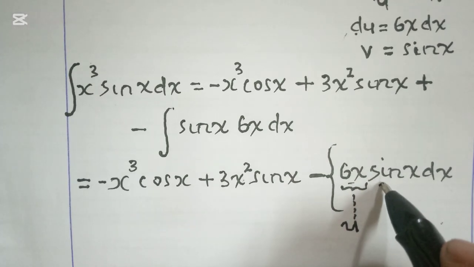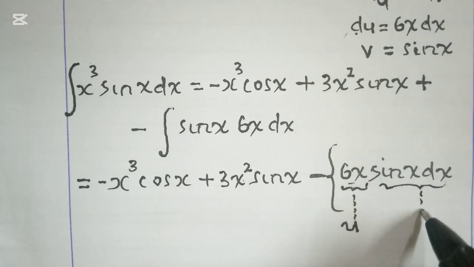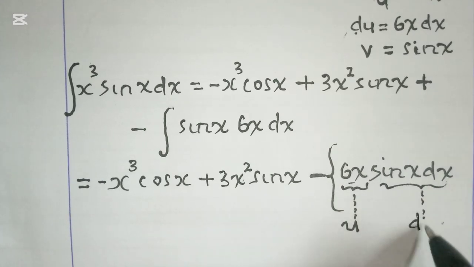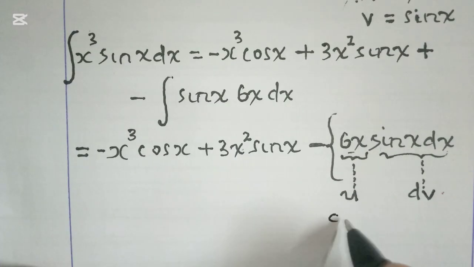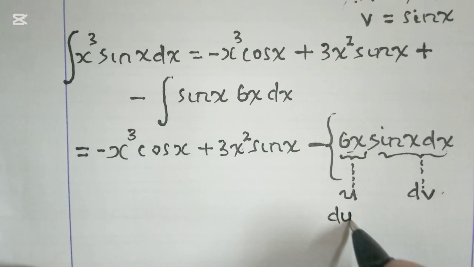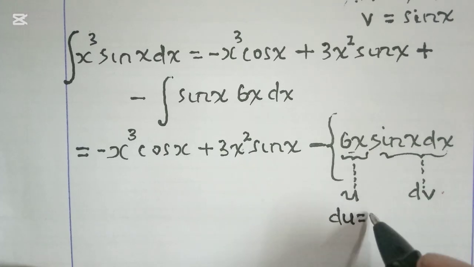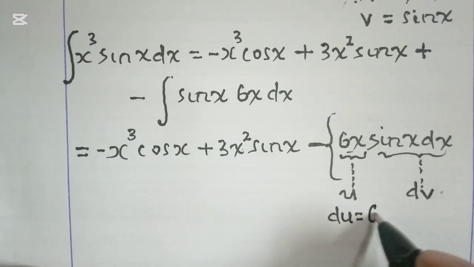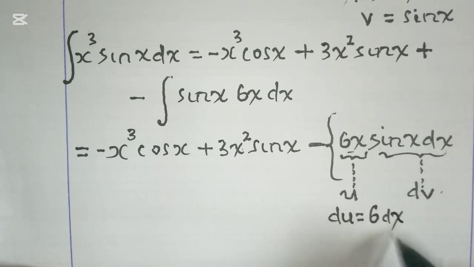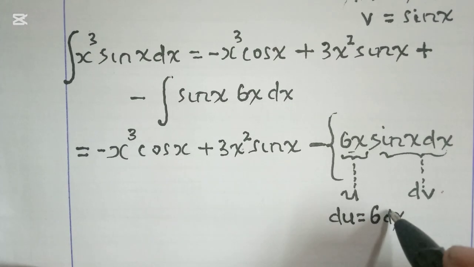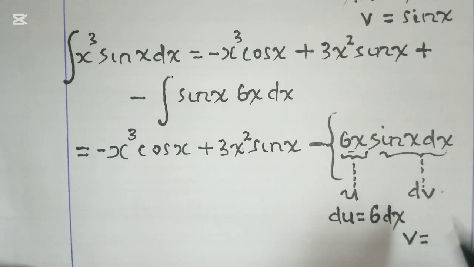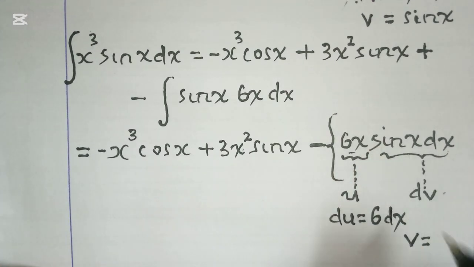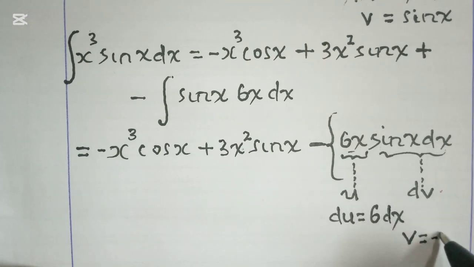And then this one we give it dv, like that. So guys, now our du will be equal to 6 dx. Then our v is now going to be minus, if you integrate sine, you get negative cos x, like that.